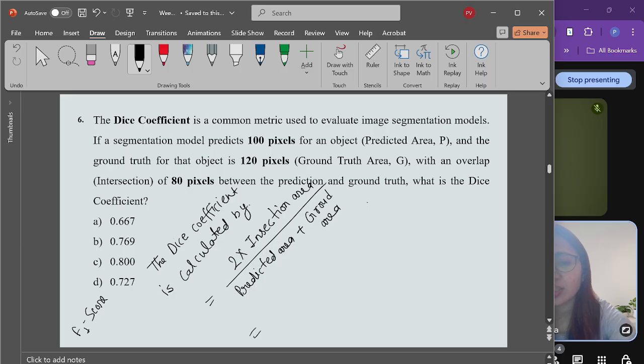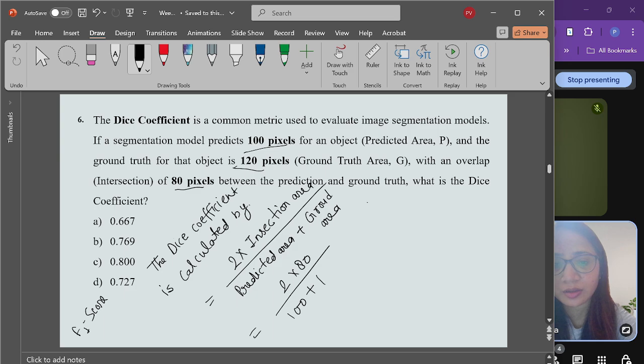So all these values are already given. Our intersection area is 80 pixels. So 2 times 80. The predicted area is given as 100 pixels, and our ground truth is given as 120. You will get 160 divided by, if you add these two values, 220.